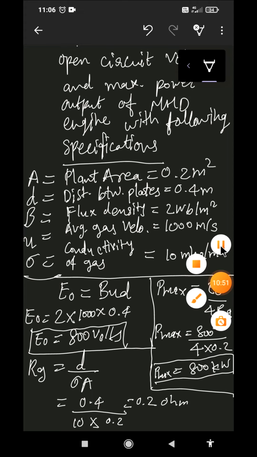Then the fourth advantage is that the MHD generators have low specific weight. So it will result in rapid start, high power density. So P by V is high power density, and compact.